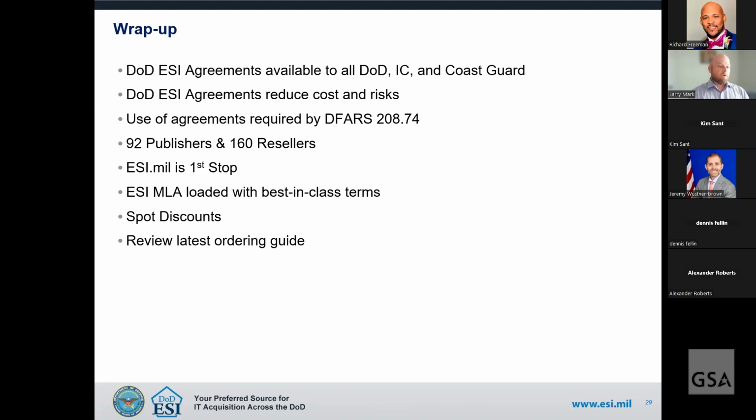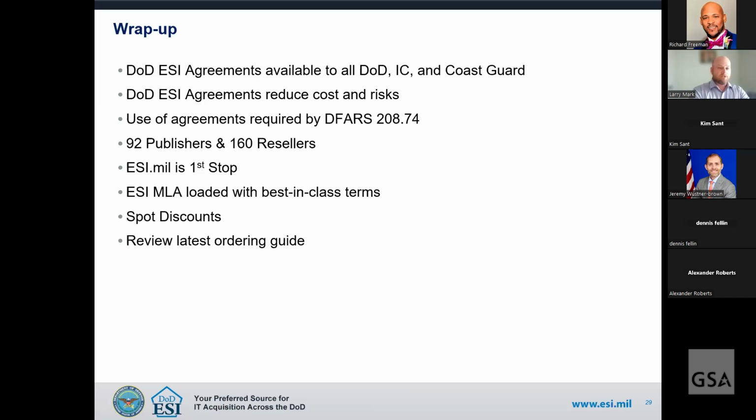So, wrapping up, the ESI agreements are available to all the DoD, Intel community, and the Coast Guard. ESI agreements reduce cost and your risk. Use of agreements is required by the DFARS. Currently we have 92 publishers, and I believe the actual number is well over 160 resellers.